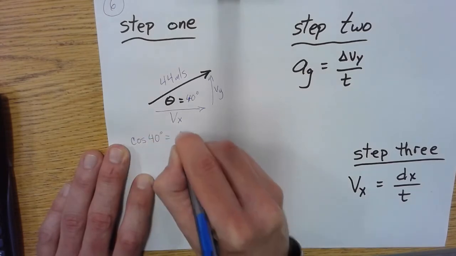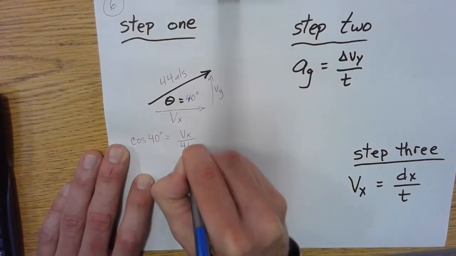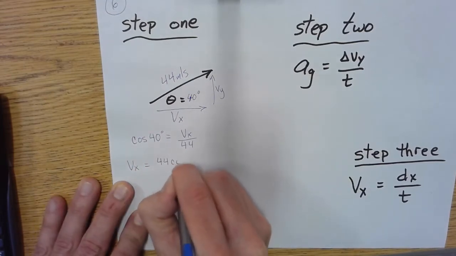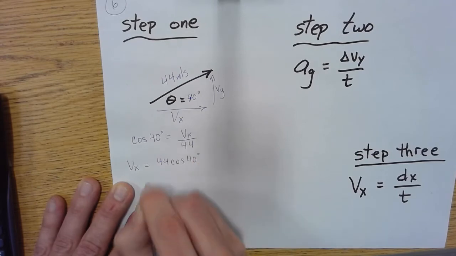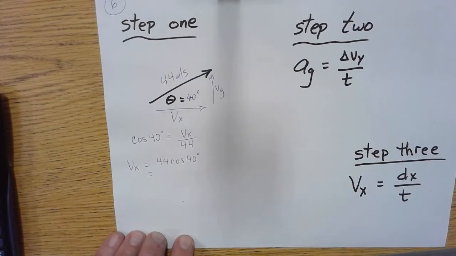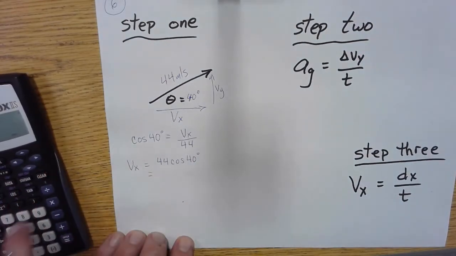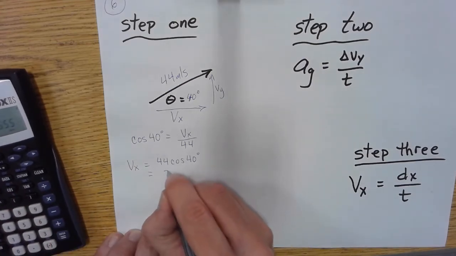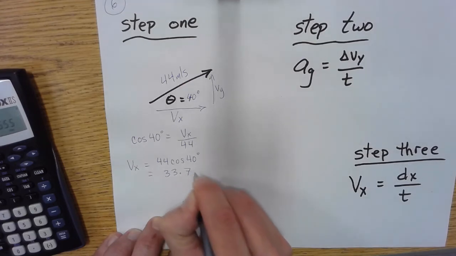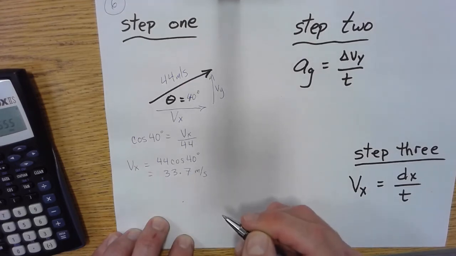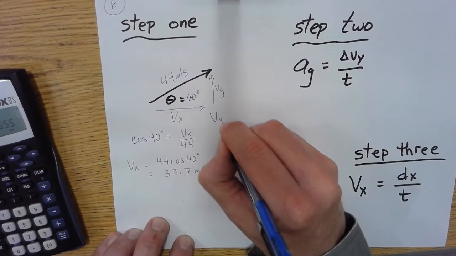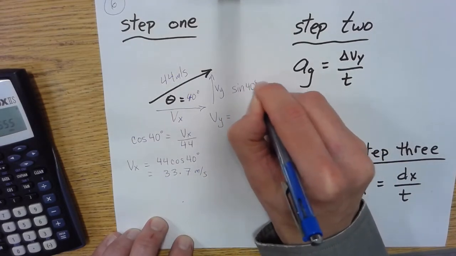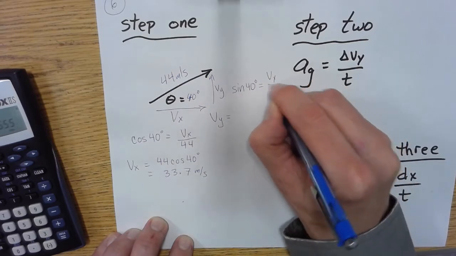Cosine of the angle. Just moving that over. Punch that in a moment. We'll go ahead and do it. Okay, I can play that same game with the Vy, the sine is opposite.